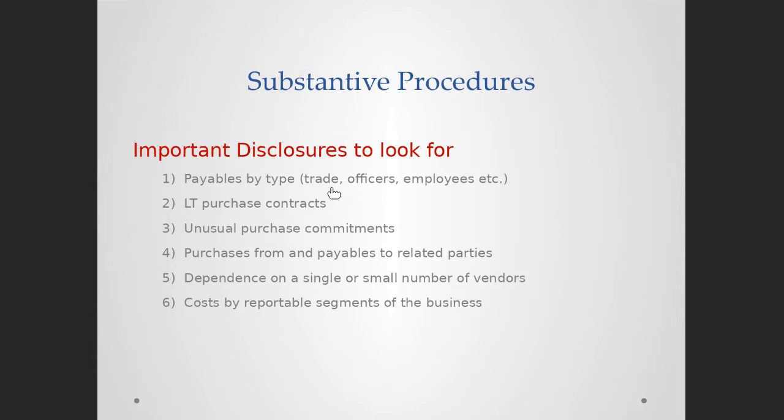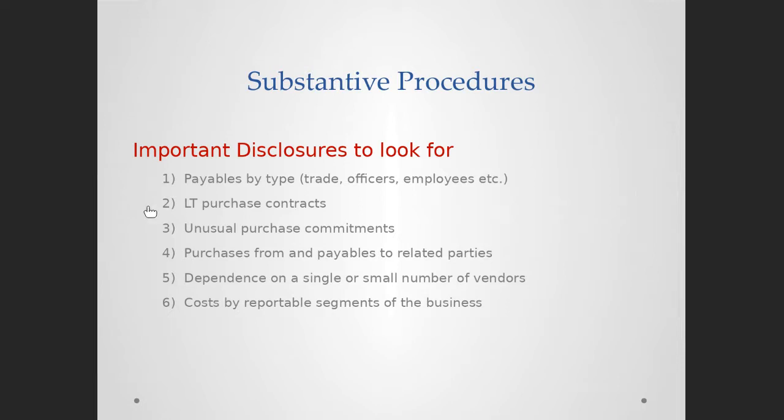They're from suppliers. They should be separate from an officer payable or an employee payable. Maybe there is a court case going on between the employee and the company. So that should be reported separately, and it should be disclosed in the footnotes as well, what happened and why there is a court case. Usually for big companies these things are also in the newspaper, so people would know about them. But the company's responsibility is to provide as much detail as possible in the footnote disclosures.